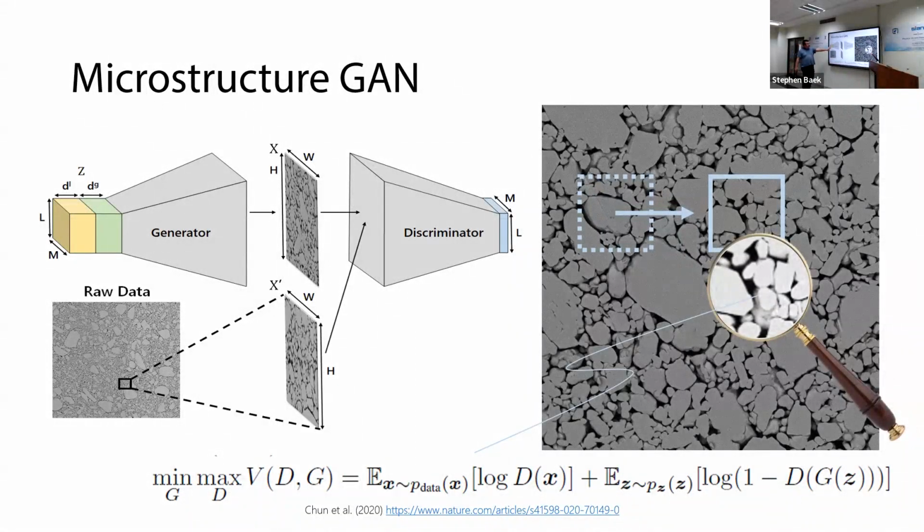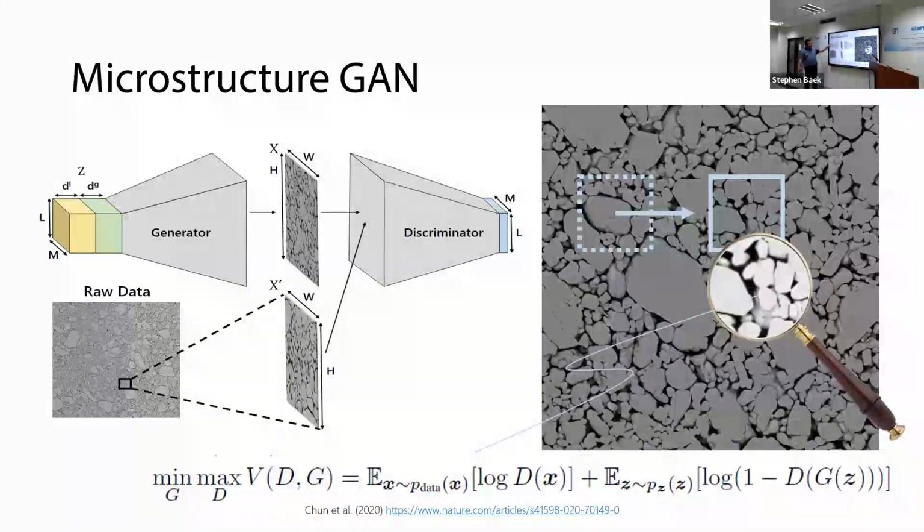Finally, in this architecture, we have Z_L and Z_G. L stands for the local noise, and G stands for the global parameter.